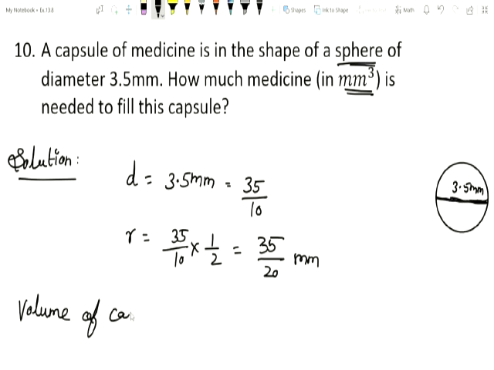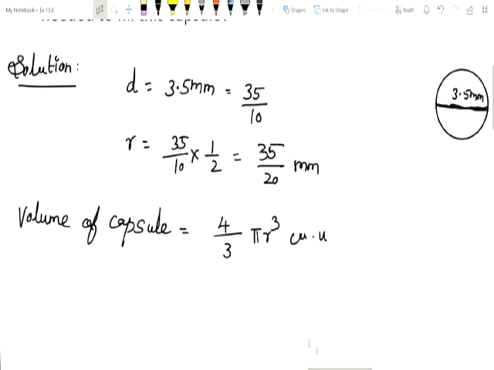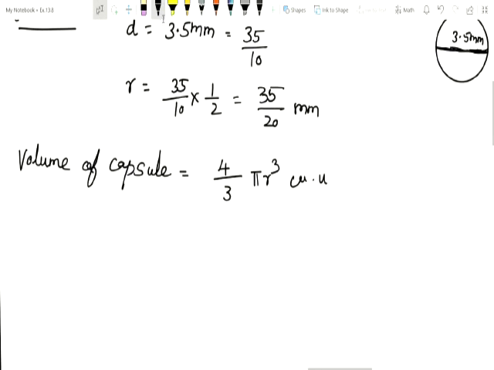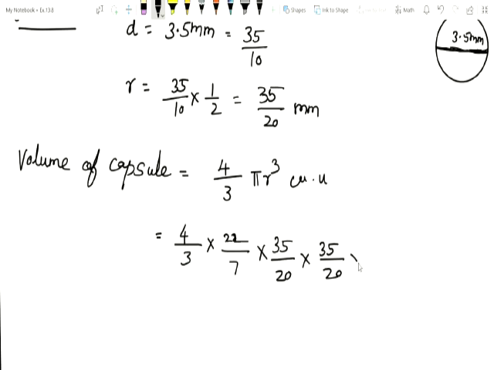Next, we are going to find the volume. Volume of capsule equals, what is the formula for the volume of a sphere? 4 by 3 pi r cube, cubic units. So 4 by 3 into 22 by 7 into radius 35 by 20 into 35 by 20 into 35 by 20.